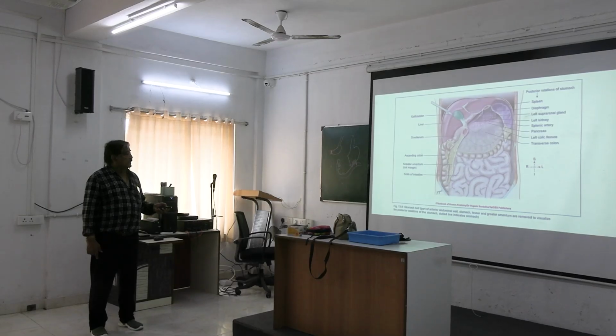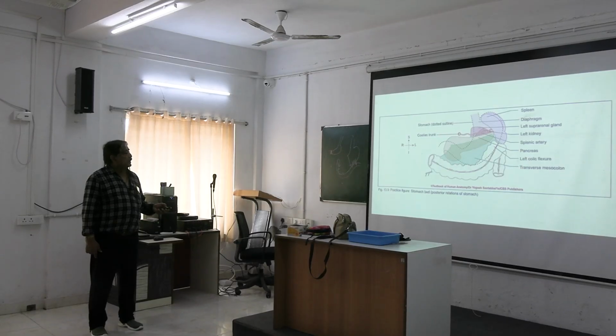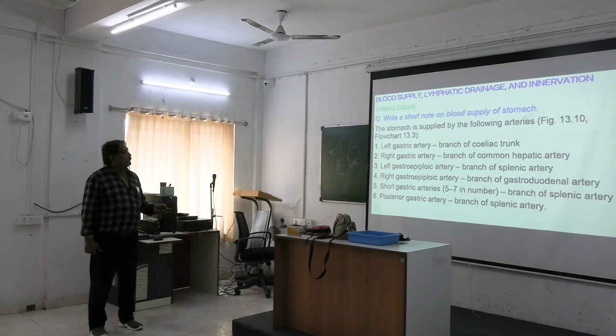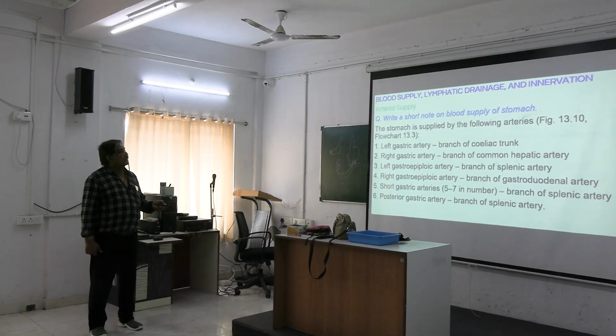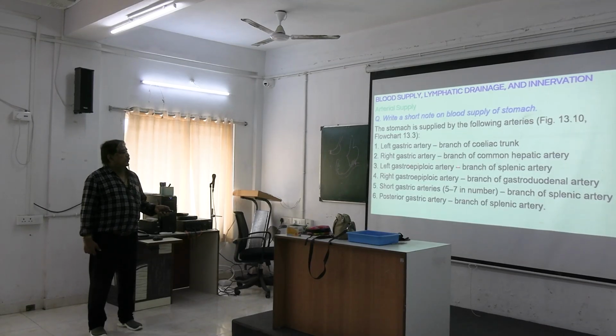Now blood supply, lymphatic drainage, innervation. Now left gastric artery, right gastric, left gastroepiploic, right gastroepiploic, short gastric arteries, and posterior gastric artery. You know this.